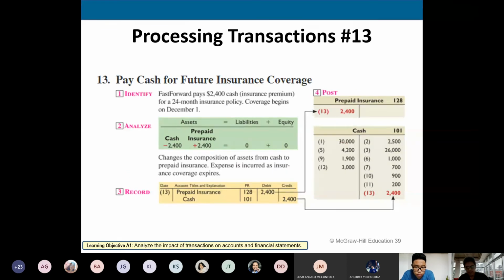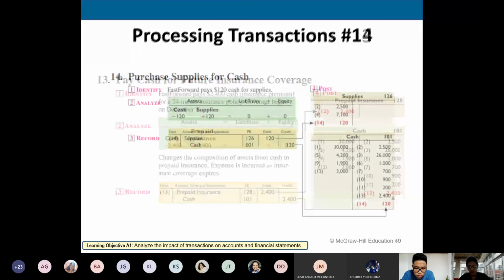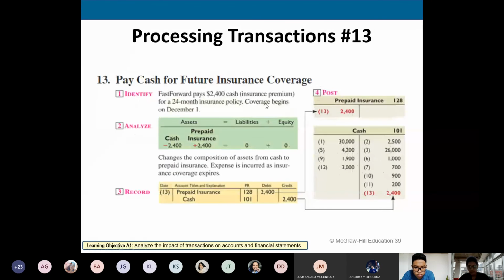Payment of cash. Pay cash for future insurance coverage. So parang si Fast Forward paid 2.4 for insurance, no? Siguro pina-insure niya yung machinery, no?